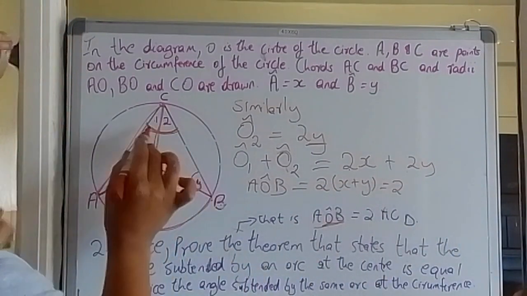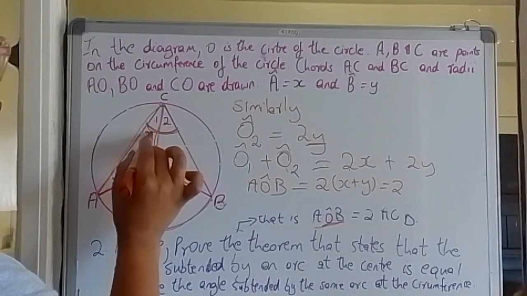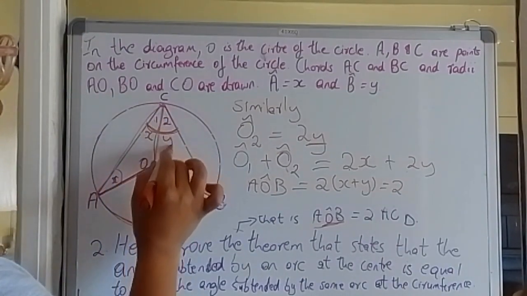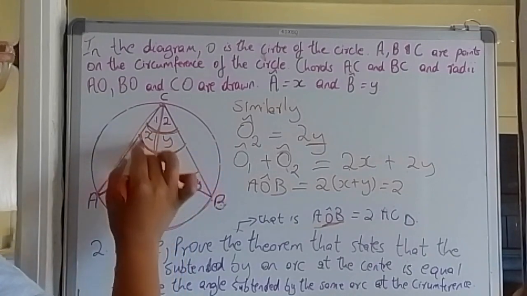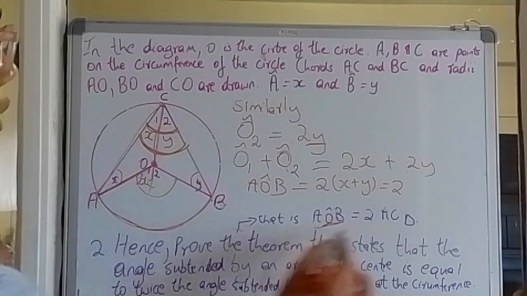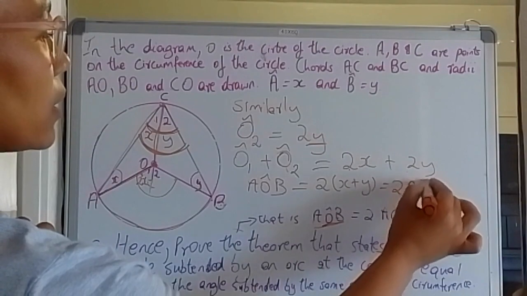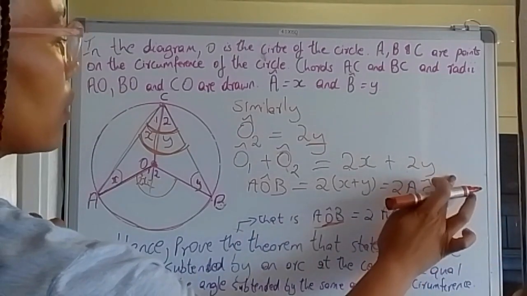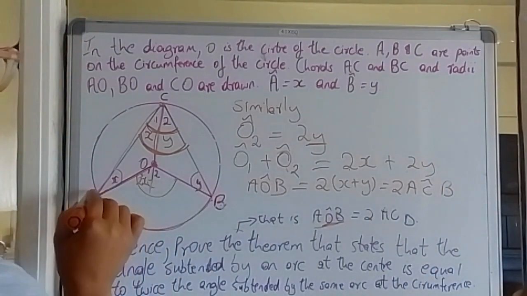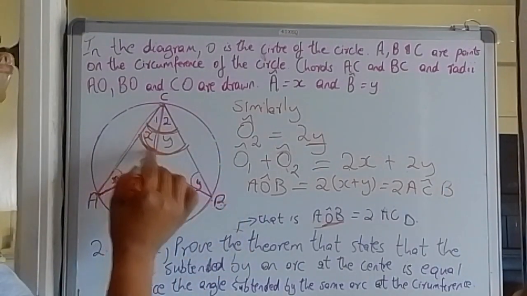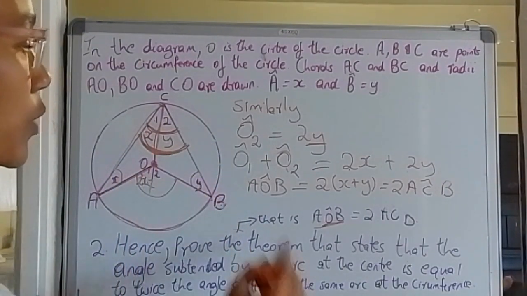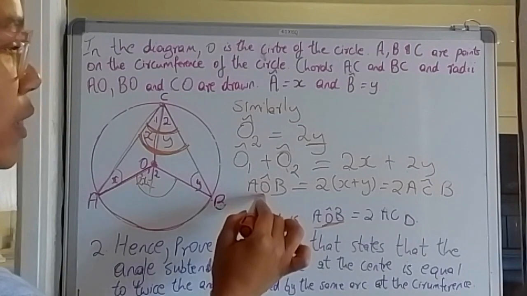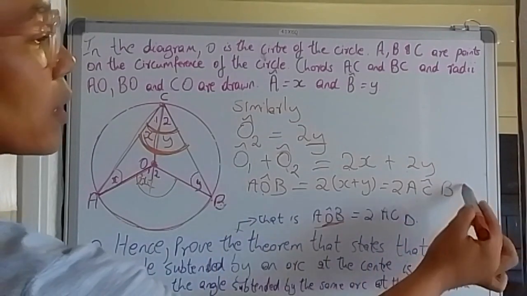Here we found C1 to be x, and C2 to be y. So this x plus y is then angle ACB, this angle here.